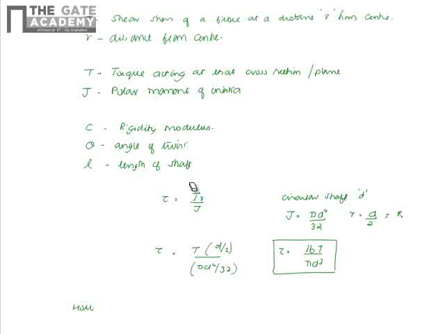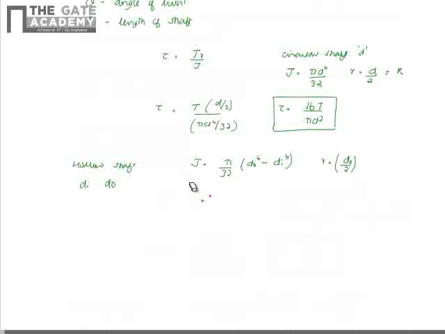So what about hollow shaft? When we have a hollow shaft of inner diameter di and outer diameter do, we know that polar moment of inertia is given by pi by 32 into do raised to 4 minus di raised to 4, and r is equal to do by 2. So taking the do outside, we get this as pi do raised to 4 by 32 into 1 minus k raised to 4.